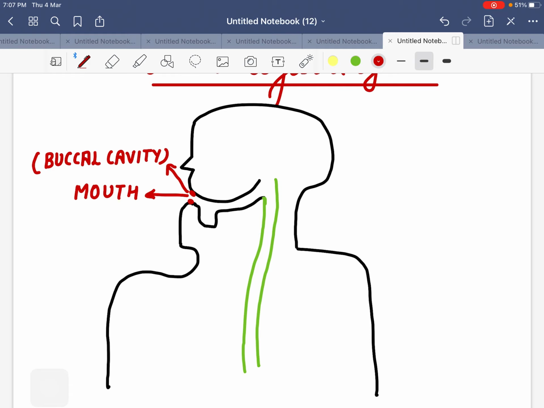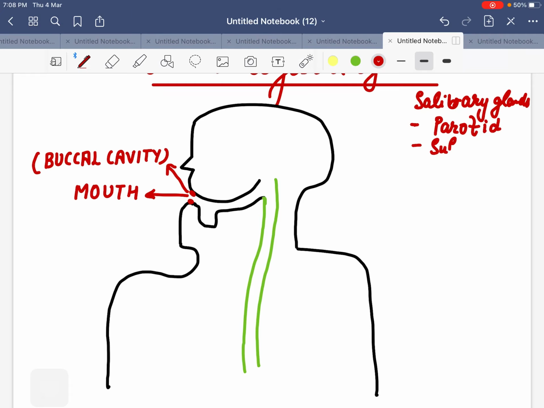Many of the students do not draw the three parts of the salivary glands. Actually, the salivary glands contain three parts basically. One is parotid, right?